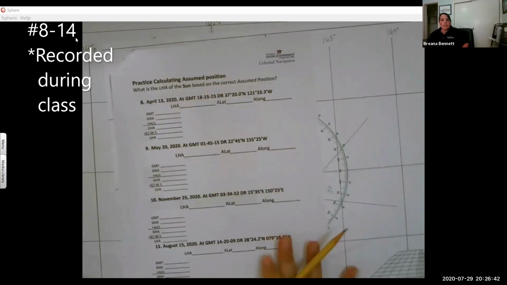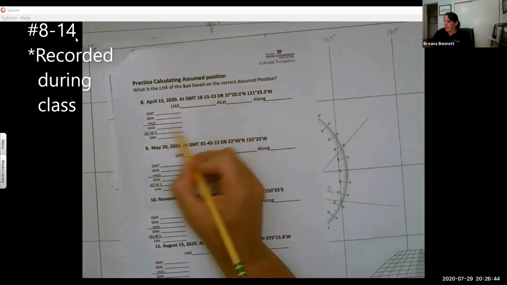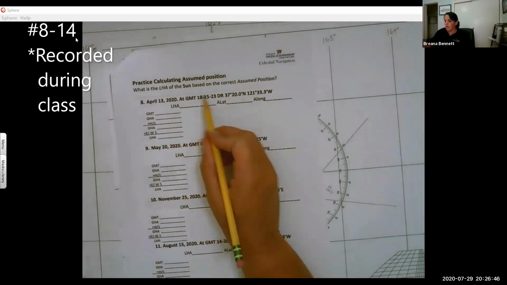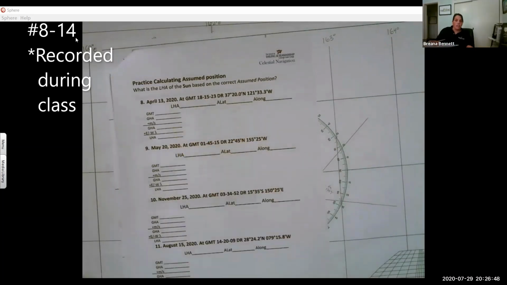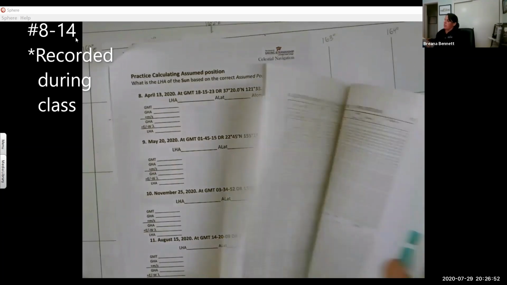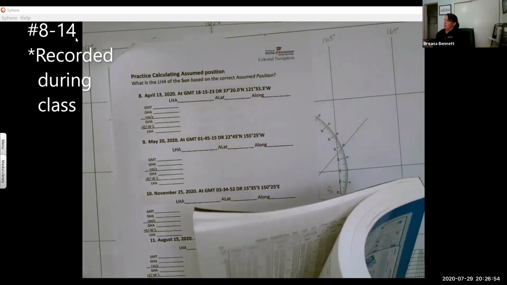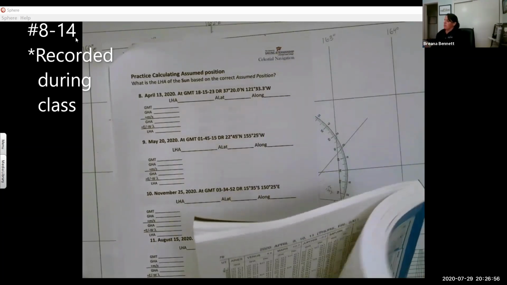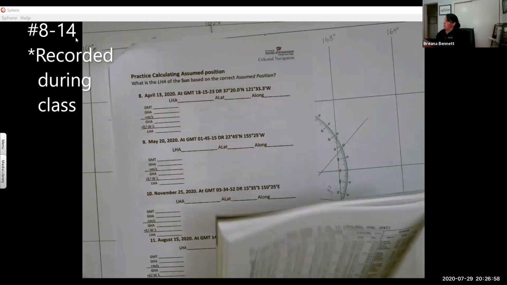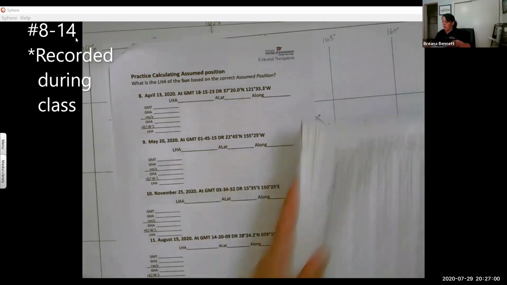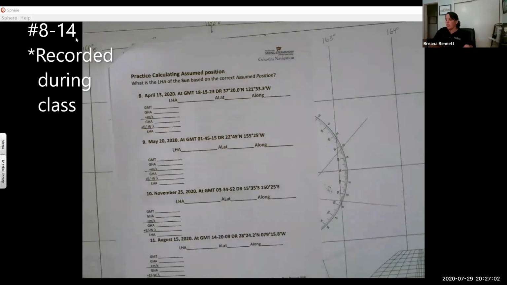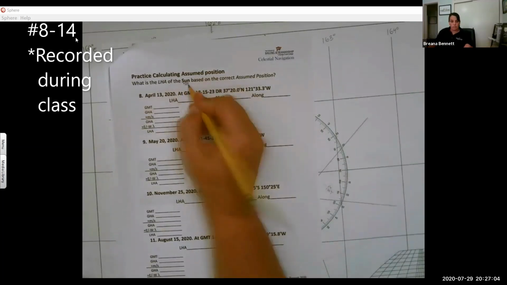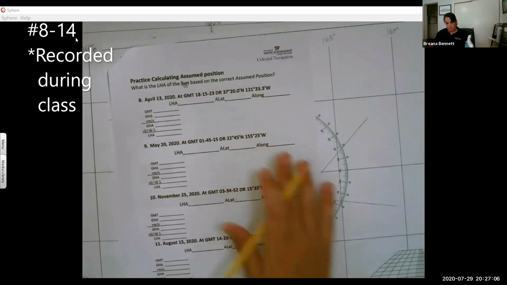Our number 8, we start off with going back to our Nautical Almanac. So we are starting with the Nautical Almanac on April 13th. And these are all going to be the sun. So keep that in mind.